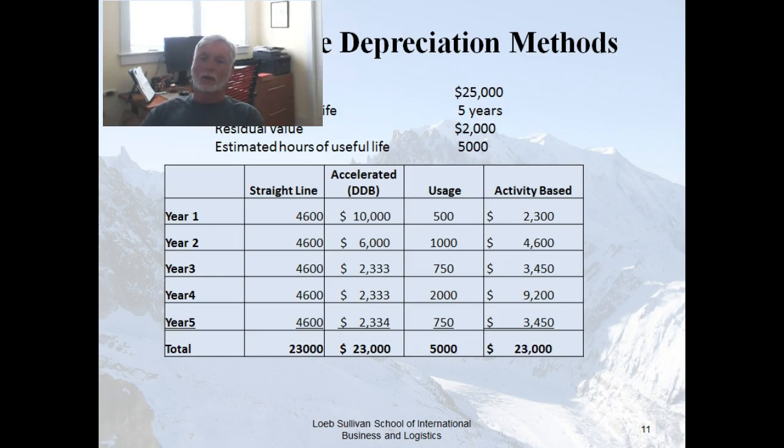It's good for 5,000 hours, so if we use it for 500, that's 10%. So we're going to record $2,300 in the first year, and so forth. Once again, we end up with $23,000 being allocated. So the overall depreciation for these 3 methods is the same. It's just the pace of those depreciation methods. So you get 3 different methods, you get 3 different yearly answers.